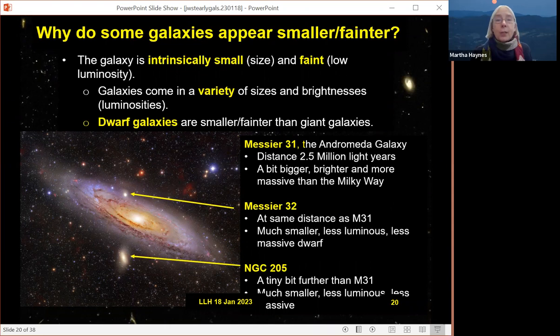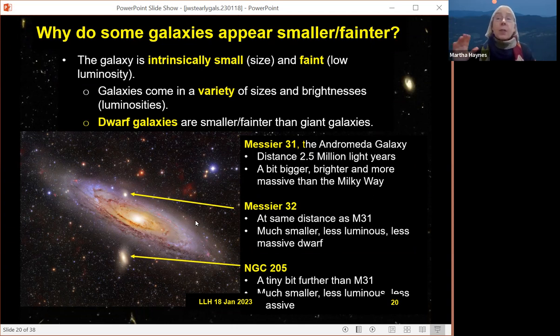And those are these two, the one here, Messier 32, and this one, NGC 205. They are at the same distance as Andromeda, but they appear fainter and smaller because they really are intrinsically smaller in physical size and less luminous. And we call those dwarf galaxies.